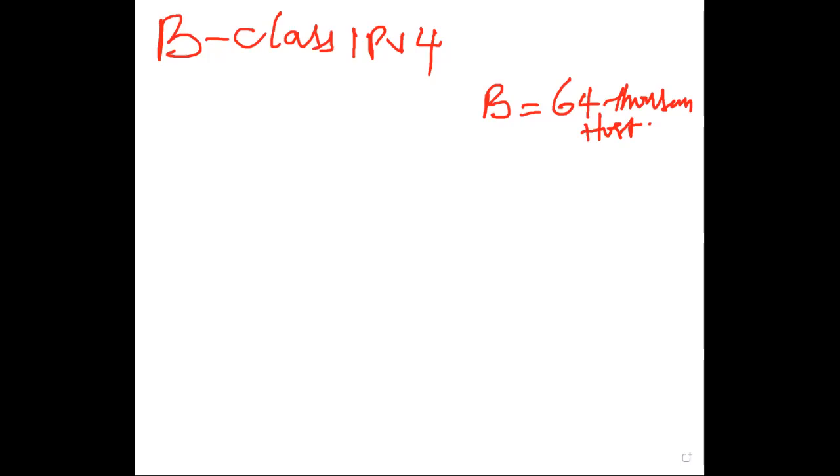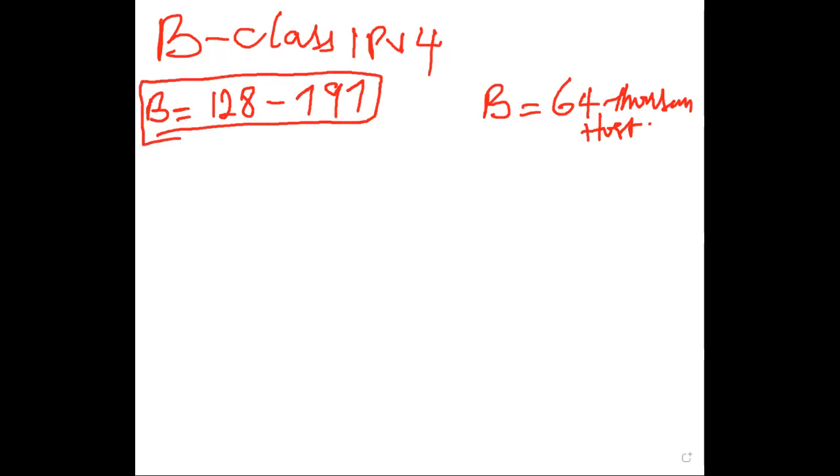Now, what is the range of this class B? The range of class B starts from 128 to 191. This is the range of a class B IP address.